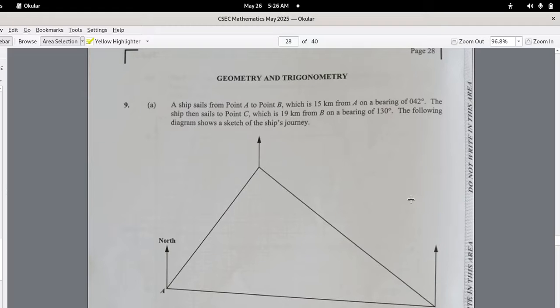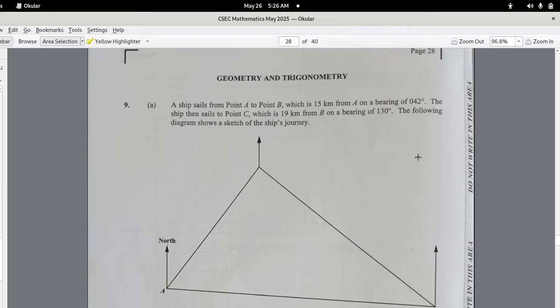CSEC Mathematics, May 2025. We're at question 9. It says a ship sails from point A to point B, which is 15 kilometers from A on a bearing of 42 degrees. And of course, it says 042 because you use 3 digits when you're dealing with bearings.